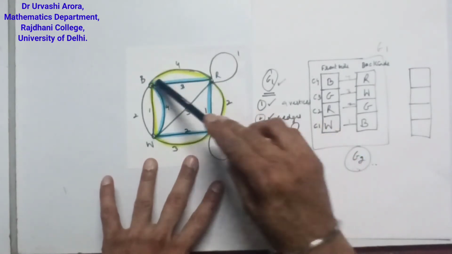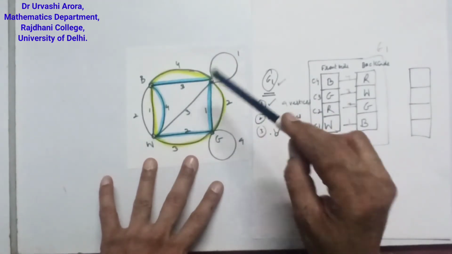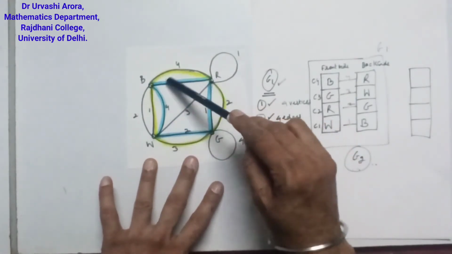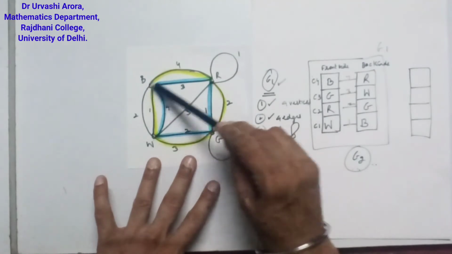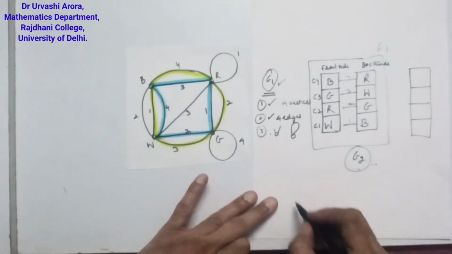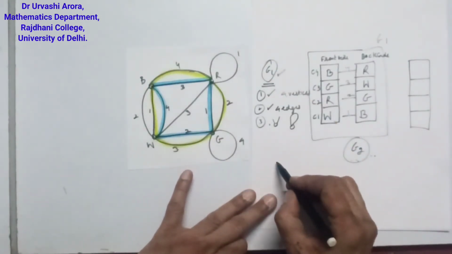It has all the four vertices. G2 has all the four vertices. It has exactly one edge from each cube, from cube 1, cube 2, cube 3, cube 4, and also on every vertex two edges are incident. And this is the arrangement which we are getting by considering graph G2.